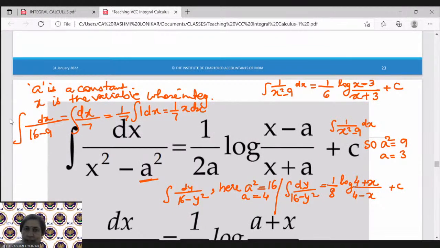If you have something like dx upon 16 minus 9, you will simply find it is equal to x upon 7. Okay, so I hope you've got this clarity now, that sometimes it happens because the questions are set that way. But for this, you will get direct questions where, looking at the question, you will know where you have to use this formula.